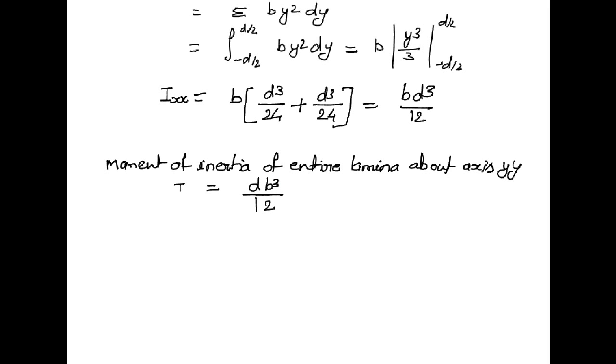We can write it as Iyy also. So this is the moment of inertia of the entire rectangular lamina about axis xx, and the moment of inertia of the entire rectangular lamina about axis yy will be this.